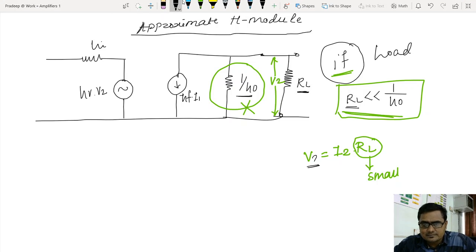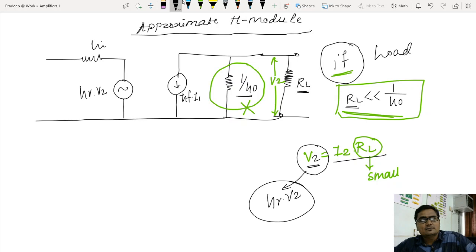It is V2. So V2 is equal to what? V2 is actually VO, I know that. So V2 is equal to I2 multiplied by RL. But RL is very small. So the product I2 multiplied by RL will be very small. It means this V2 will be very small. Is it? So if V2 is very small, it means HR V2, this product, will be very small.